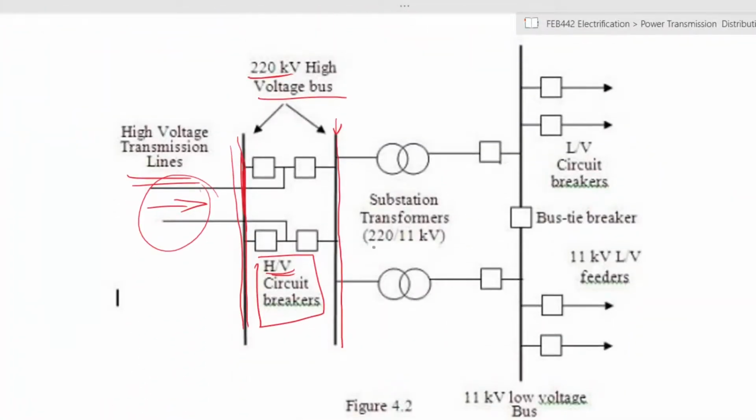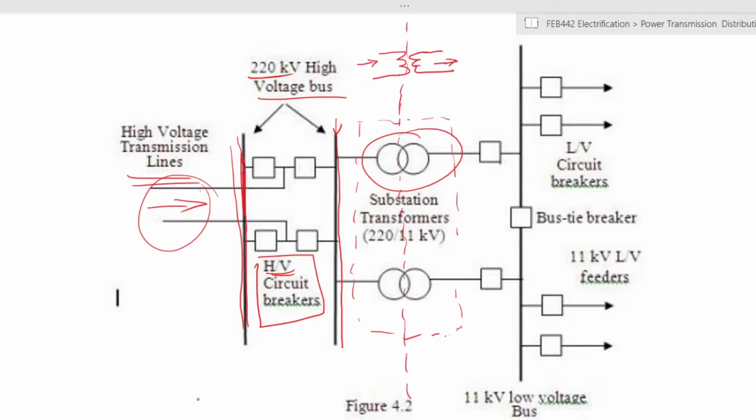From there you have the actual transformer, which is here. You can have more than one, so that you have two different lines being created or two different sections being created. These two rings are the symbol for a transformer, but they can easily also be represented by that symbol. In between here, this is your high voltage side and this is your low voltage side.